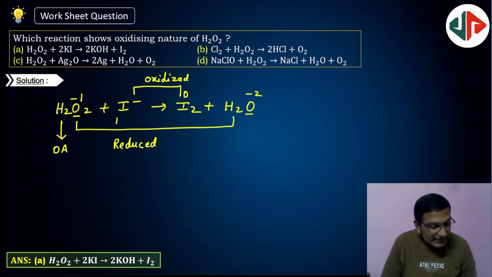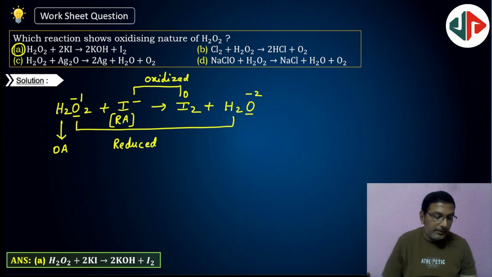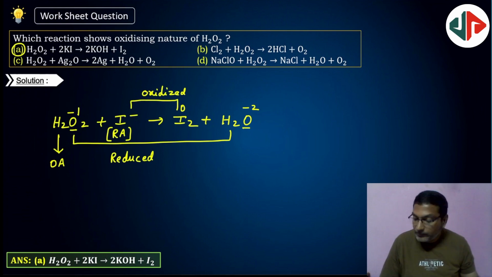Therefore, I minus acts as reducing agent. So clearly H2O2, since it is oxidizing agent, can oxidize iodide to iodine. So clearly option A. In remaining reactions, H2O2 acts as reducing agent. Important reaction. Next.